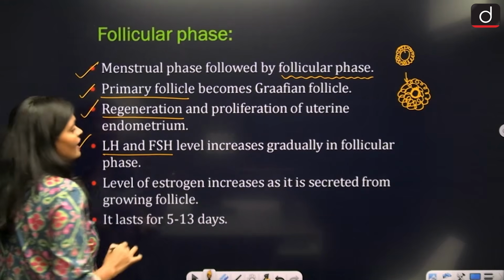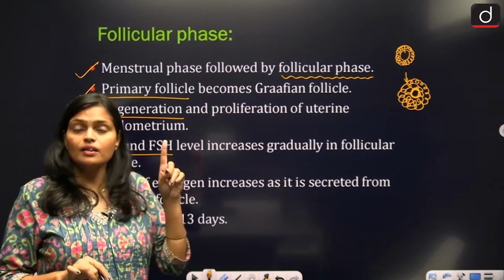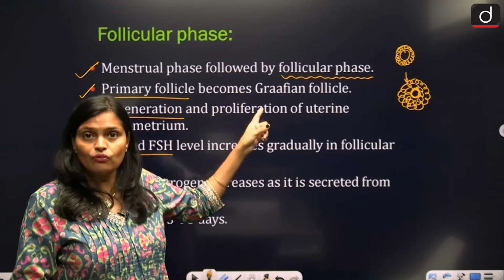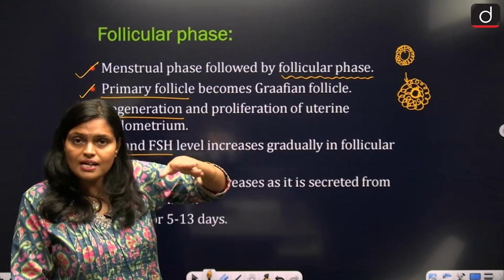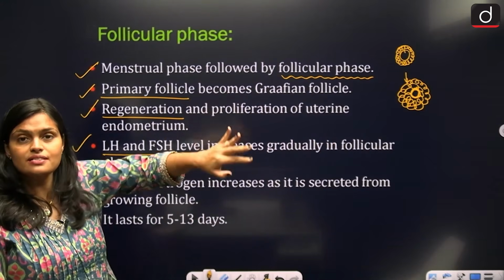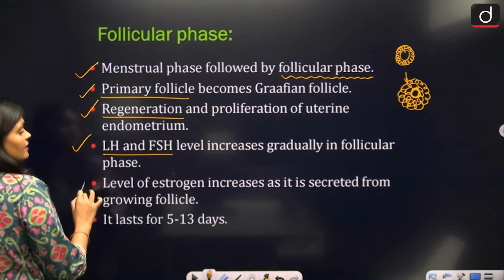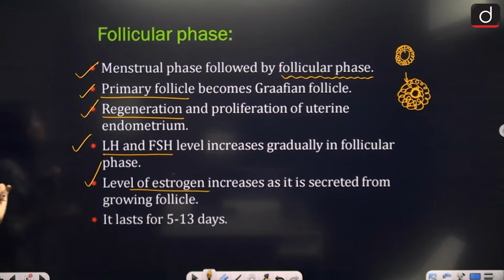LH and FSH levels increase gradually in the follicular phase. Now see, inside the ovary the follicle develops, in the uterus the endometrium starts developing, and in the pituitary the LH and FSH levels start increasing. Similarly, the level of estrogen also increases.